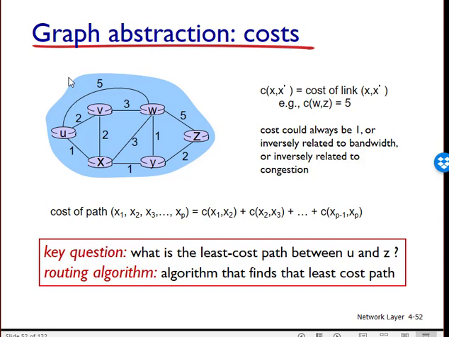For any edge in a set of links, we denote c(x, y) as the cost of the edge between the nodes x and y. If the pair x and y does not belong to the set, we'll just set that pair's cost to infinity.